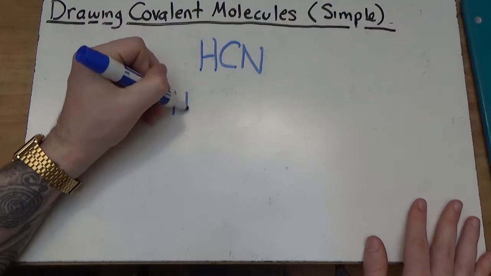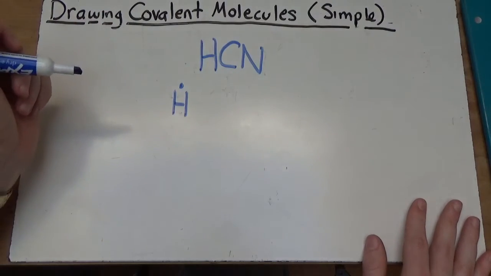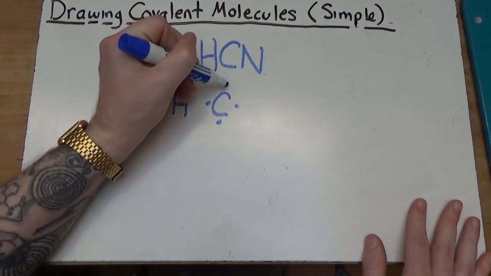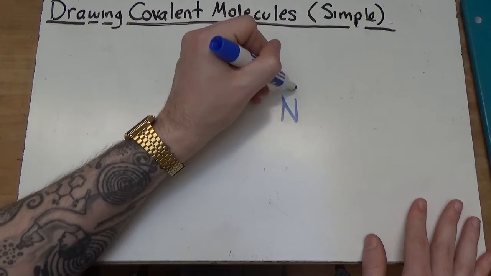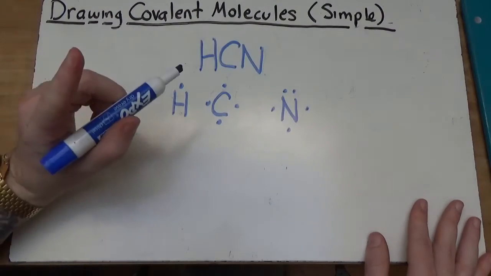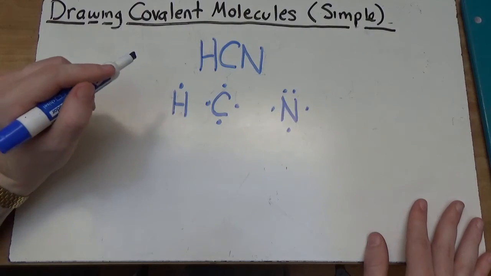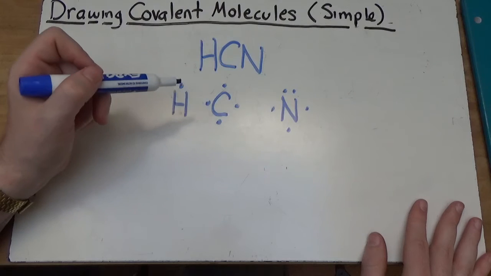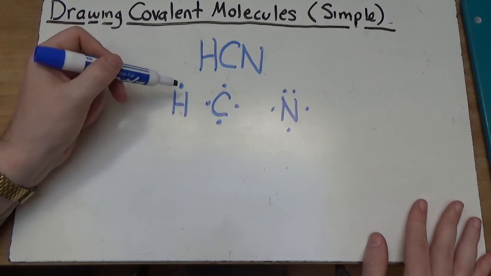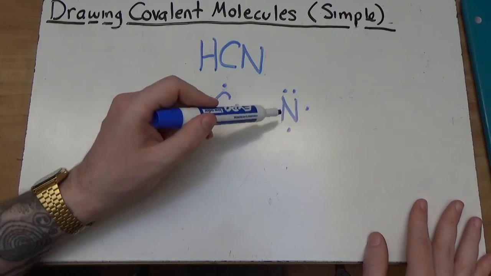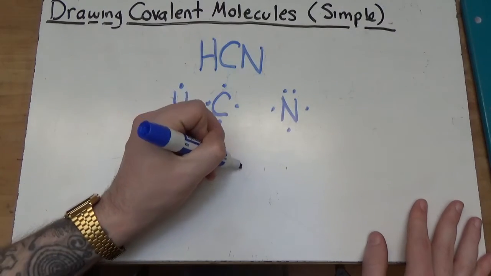H has 1 electron, carbon has 4, and nitrogen has 5. But when we're deciding which element goes in the center, all we care about is the number of single electrons. H has 1, carbon has 4, nitrogen has 3. So carbon is going to go in the middle.